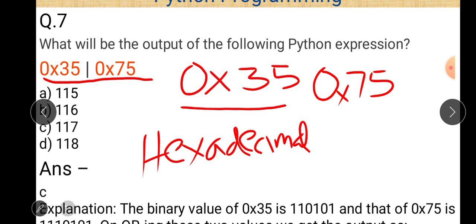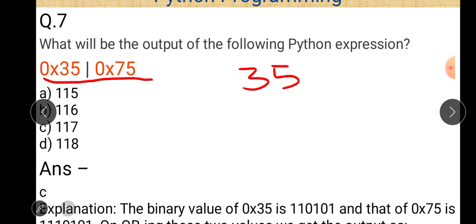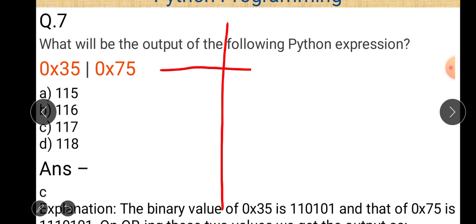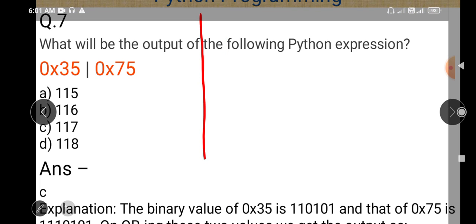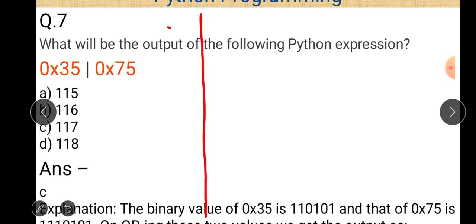Now, how can we convert 35 and 75 into binary form? That is a very important question. For that purpose, you should remember a table. As we know, in hexadecimal representation there are a total of 16 digits.